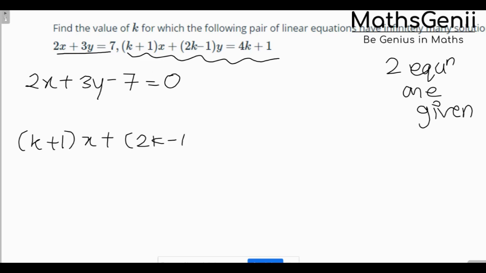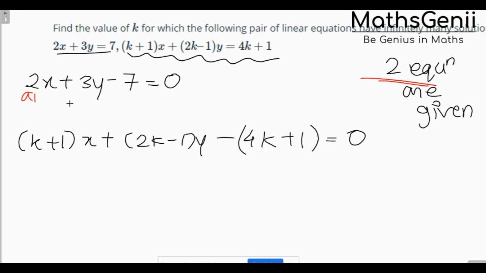Whatever is there on the right side, I'm bringing it on the left side, so plus becomes minus. Okay. Now what you have to do when two equations are given, we will solve a similar question that had come in 2020. This is 2019's question. Carefully observe. Till now I have not done anything. I have just copied the question.